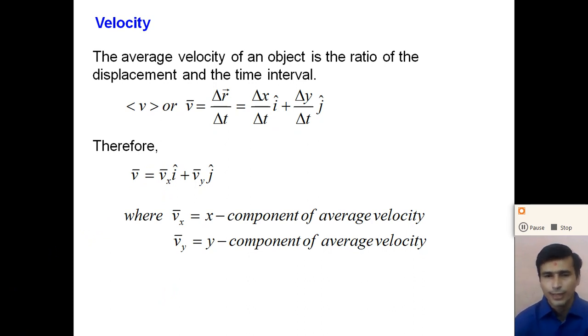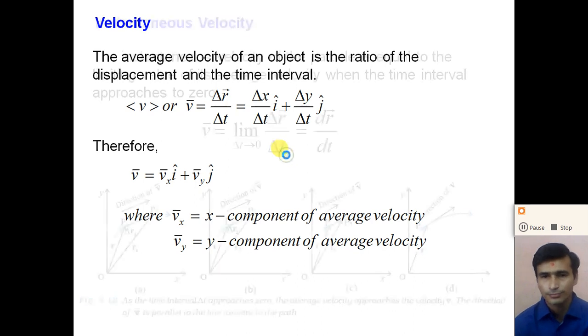So we can find the average velocity by dividing the displacement vector by the time interval delta t. So from this average velocity vector vx i plus vy j, we can easily calculate the magnitude of the average velocity, right?